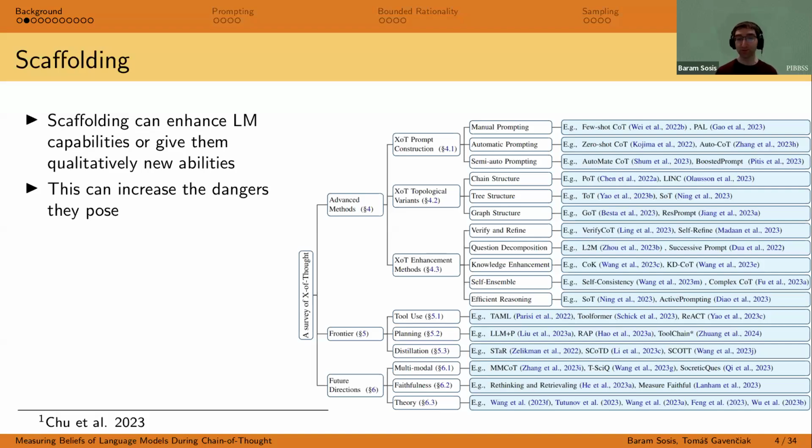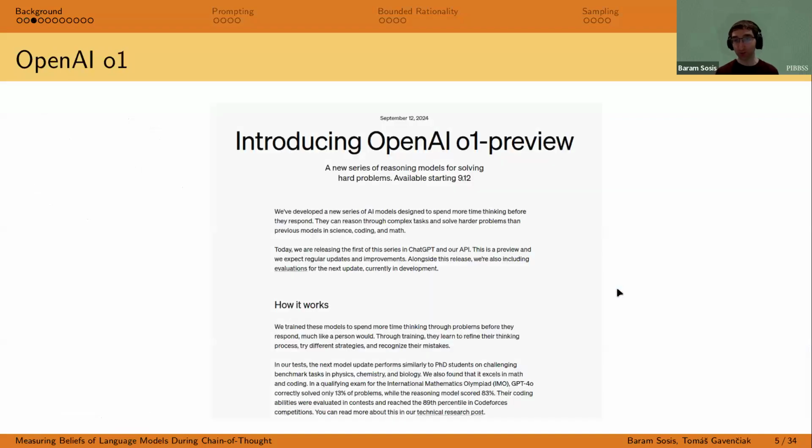Luckily, I don't have to convince you of this, because yesterday OpenAI released this new O1 model, in case you've been living under a rock for the last 24 hours or so. This is a new model which is trained to spend more time thinking through problems before they respond.